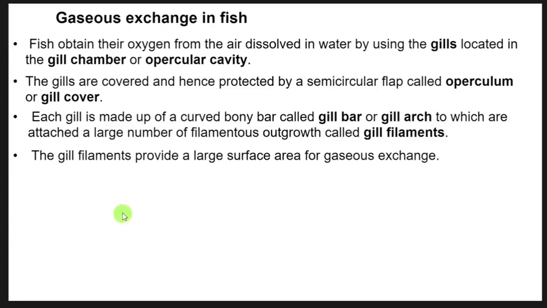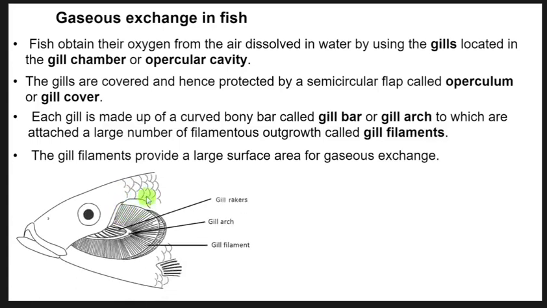So this is what we are talking about. This is the fish here, and this fish is open, whose gill is open, meaning the operculum is removed. This one here has been taken away. So what we are saying now is that these filamentous outgrowths, which make up the gill, are called gill filaments.